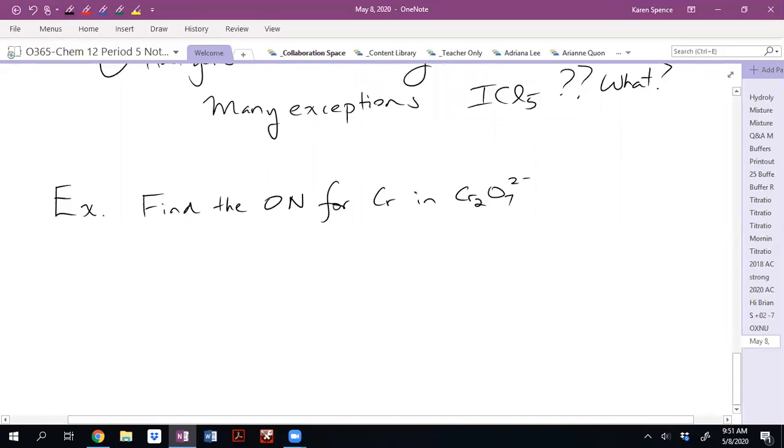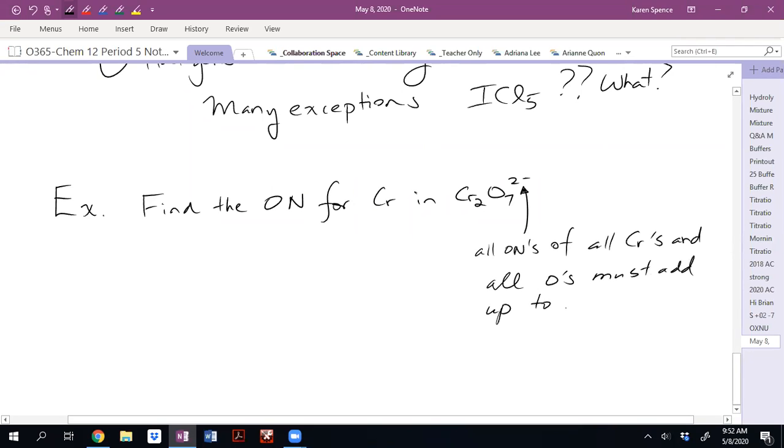Now all the oxidation numbers of all the chromiums and all the oxygens have to add up to -2. Because if we think of oxidation number like a charge, if we add up all the charges of chromium and all the charges of oxygen, we should end up with the overall charge of the species.